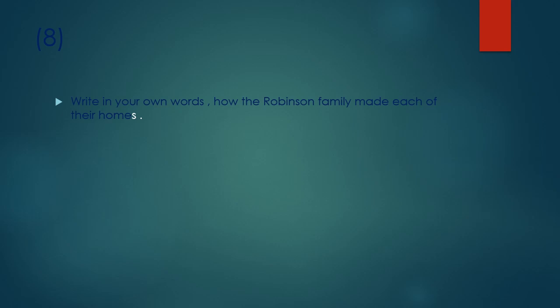Now students, I want you to write this question on your own. So, they have asked you, made each house. Now how many homes they made? That is 4. So you are going to write your answer. Each home you are going to describe or write 3 to 4 lines about it.